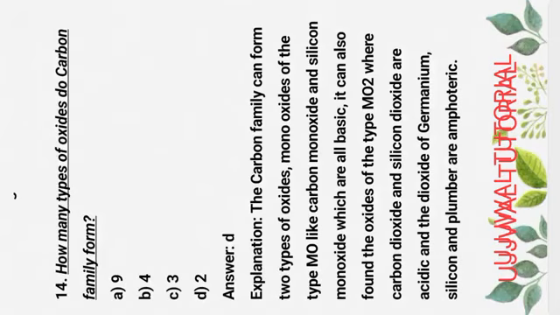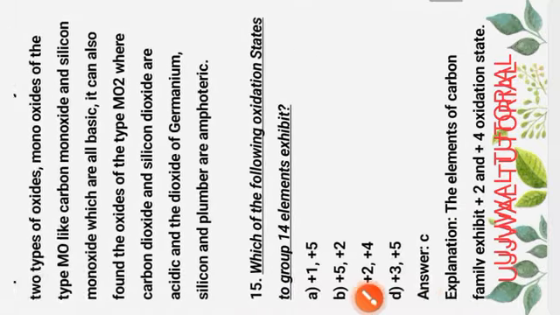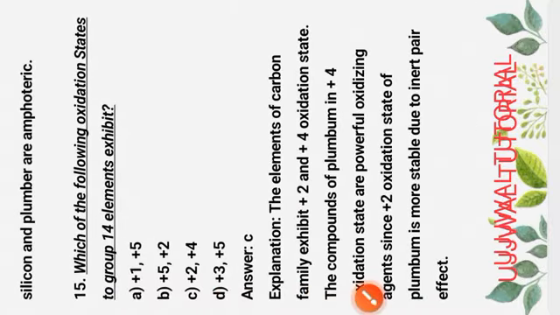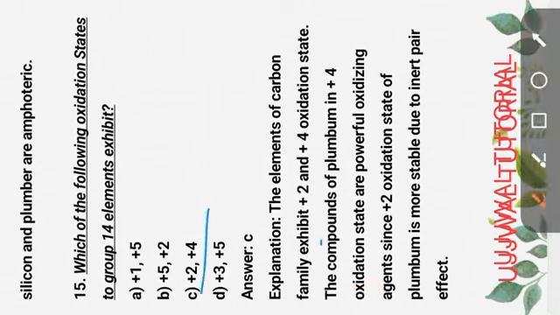Next question, question number 15. Which of the following oxidation states do group 14 elements exhibit? That is option C, +2 and +4. To explain, the elements of the carbon family exhibit +2 and +4 oxidation states.